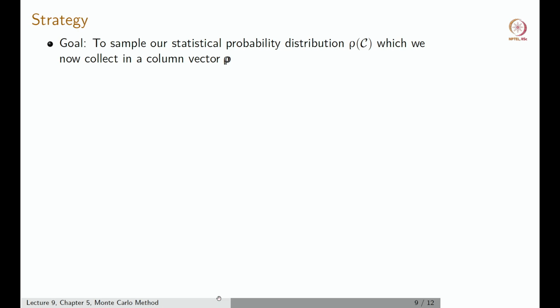So our statistical probability distribution is the Gibbs distribution, rho(C). And we now collect this Gibbs distribution in a vector, which is what is indicated here by this double-struck rho. So our strategy is, we want to construct a Markov matrix W such that rho is a right eigenvector of W with unit eigenvalue.